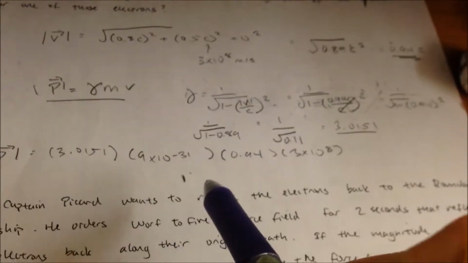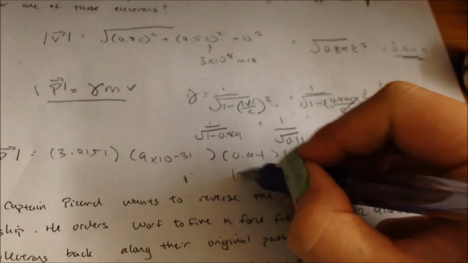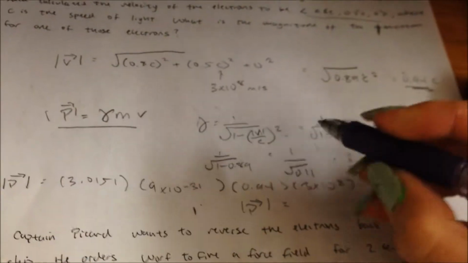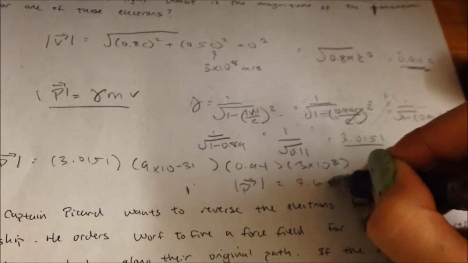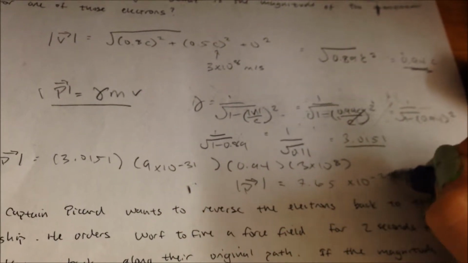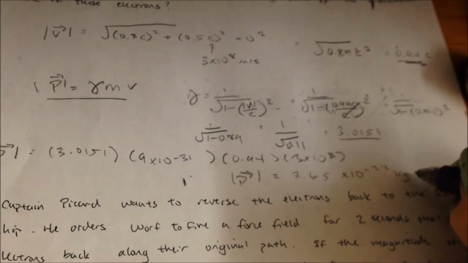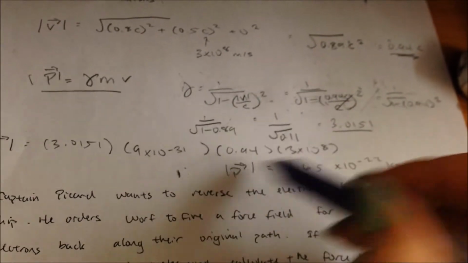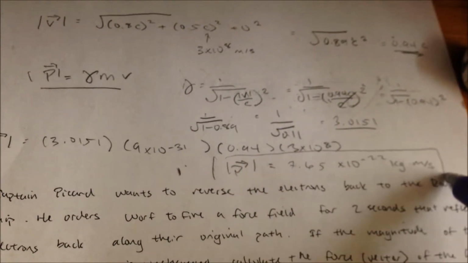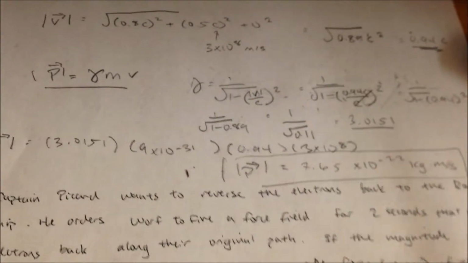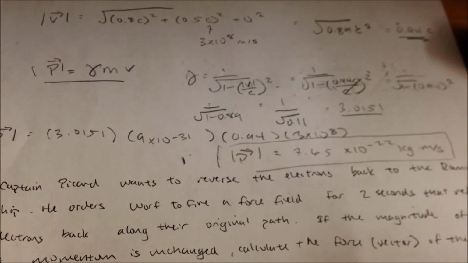When you multiply all of this out, the magnitude of the momentum ends up being 7.65 times 10 to the negative 22nd kilograms times meters per second. So that's the momentum of the electron.